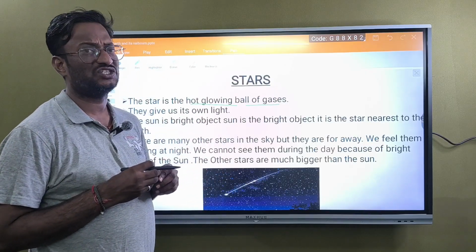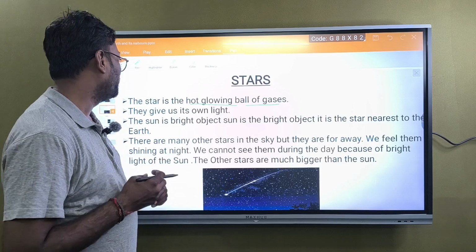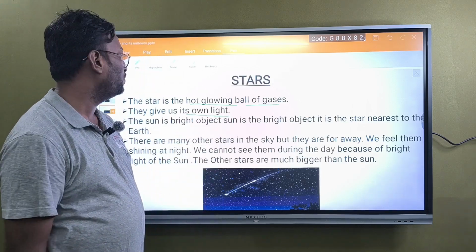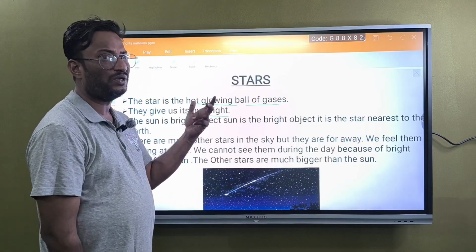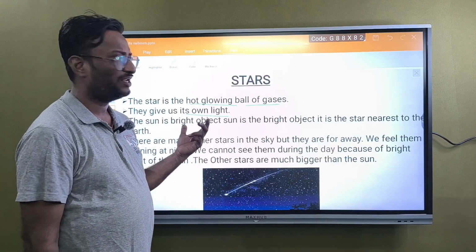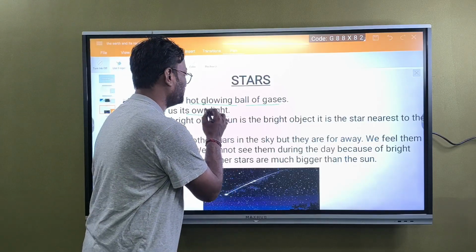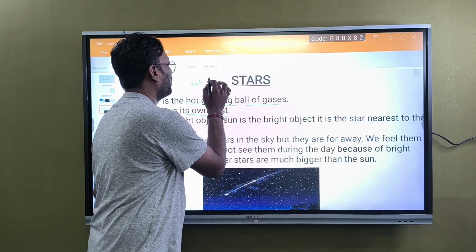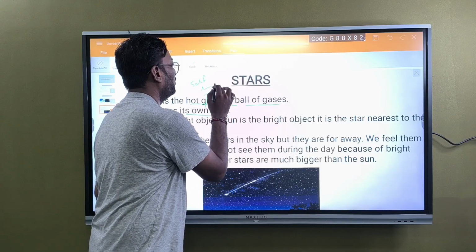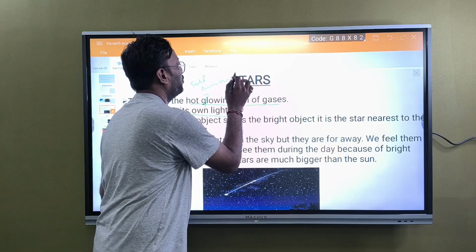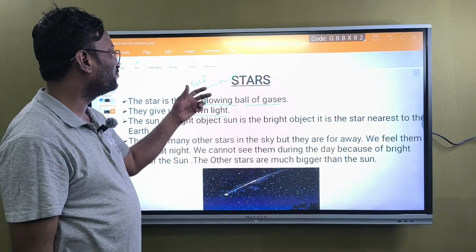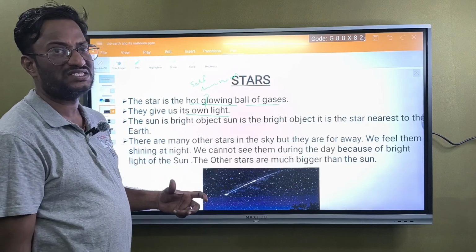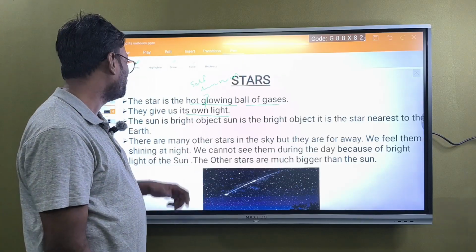Stars give their own light. That is called self-luminous. The bodies which give their own light are called self-luminous objects or self-luminous bodies.